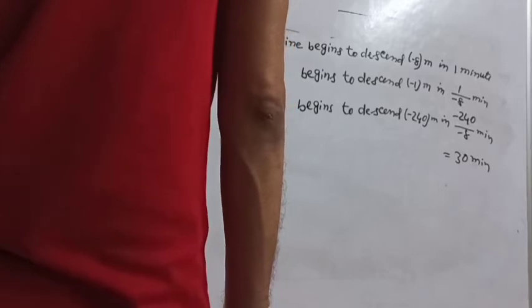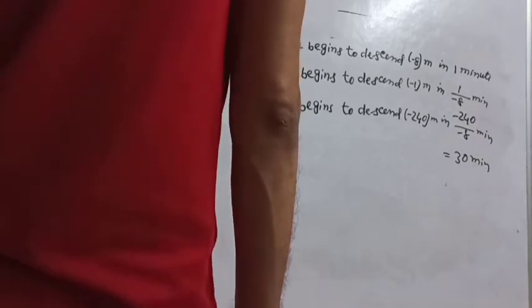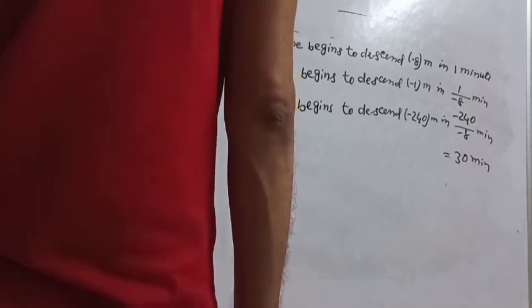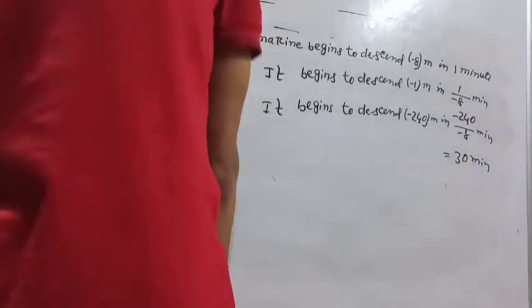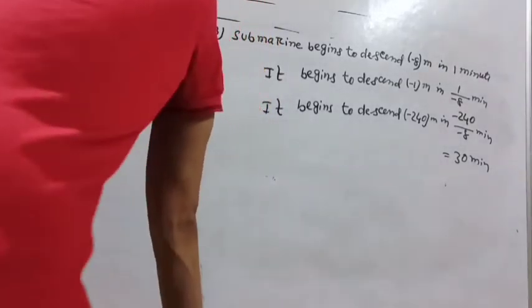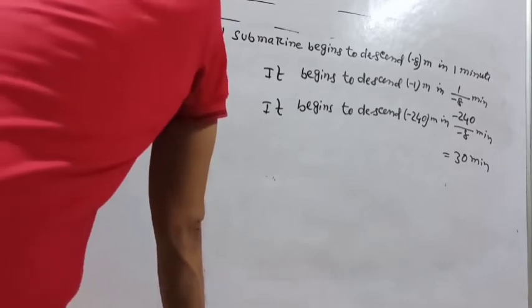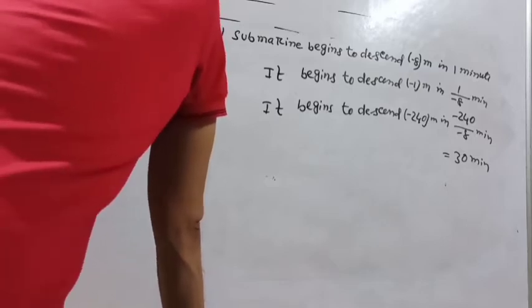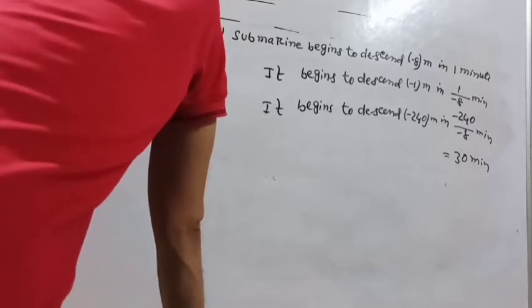So it takes 30 minutes. At what time will it be at 240 meters? The submarine starts at 8 p.m. at sea level, and after 30 minutes it will be at minus 240 meters.